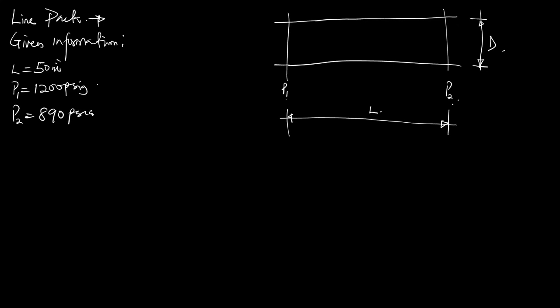890 psig. Now, we need to convert these to psia. To convert, we need to add the base pressure. So we say 1200 plus 14.7. This will give us 1214.7 psia. The same applies to this: you have 890 plus 14.7.